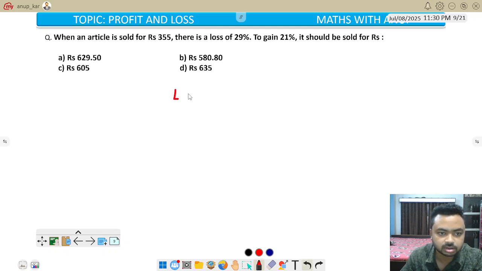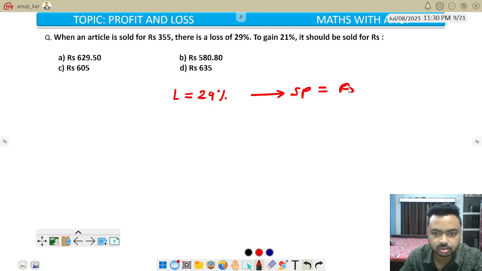Given loss equal to 29%, for that the selling price is equivalent to rupees 355.